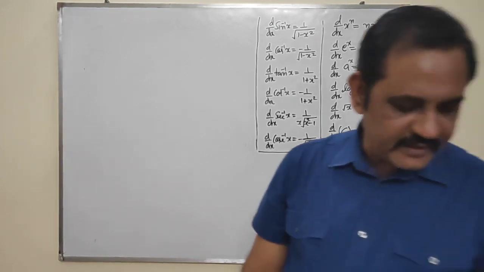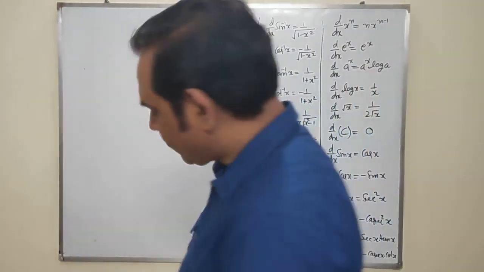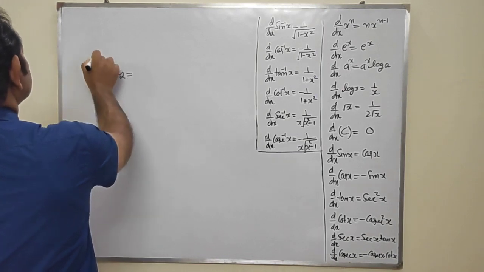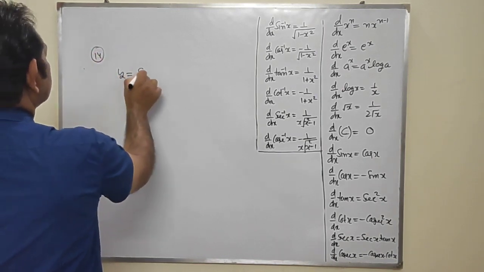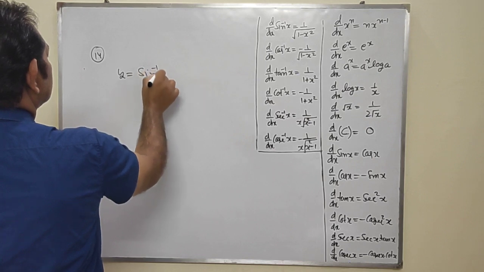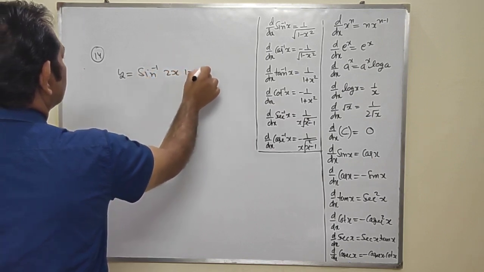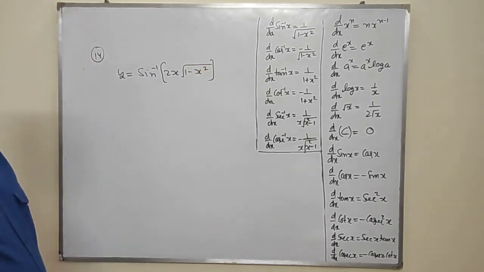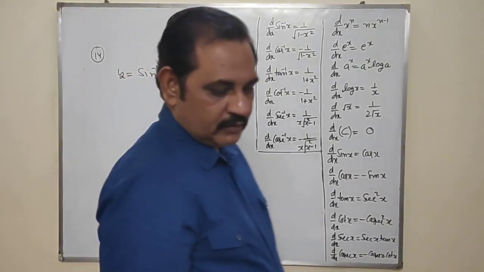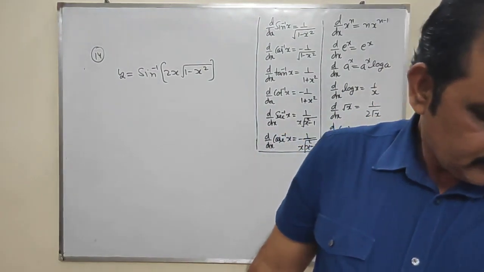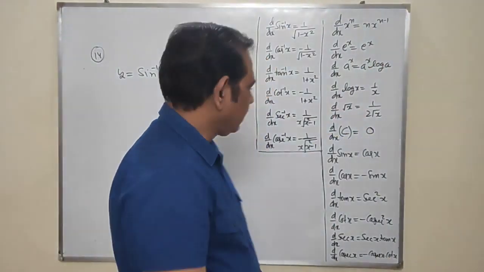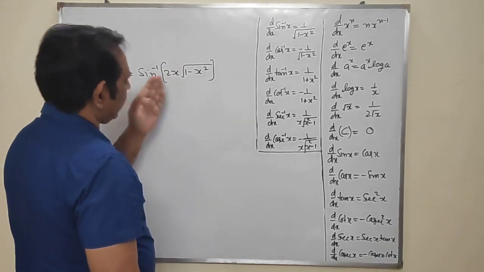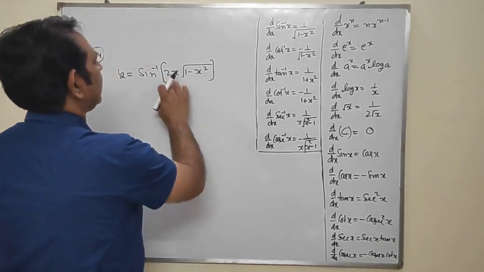Y is equal to sin inverse of 2x under root 1 minus x square. Clear children? First of all, I will tell you what the substitutions are if you are having such types of algebraic functions.